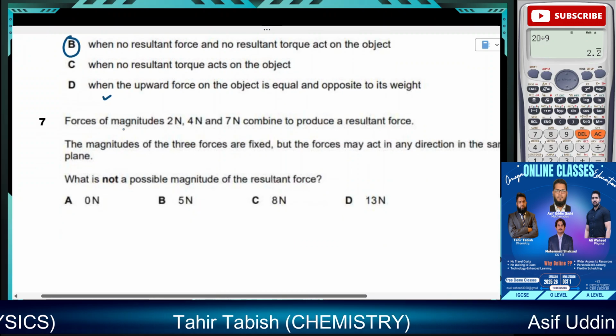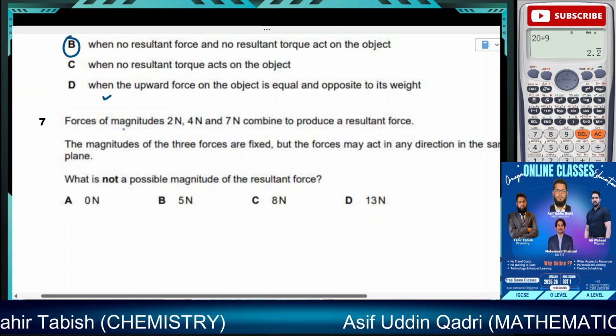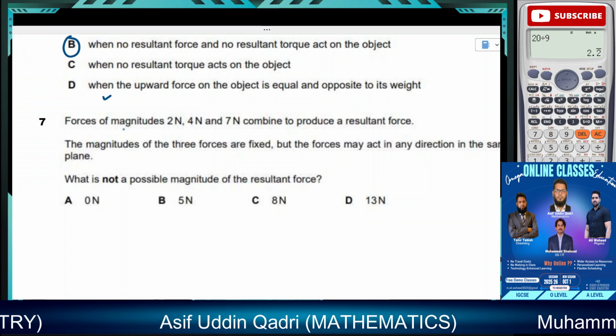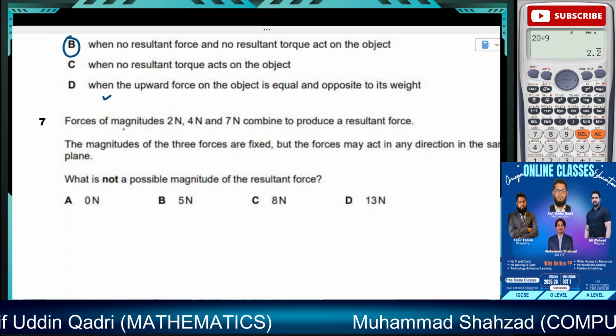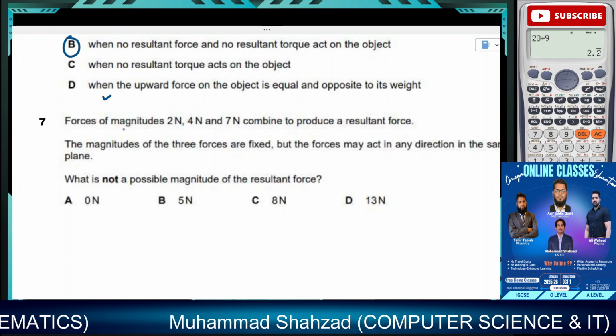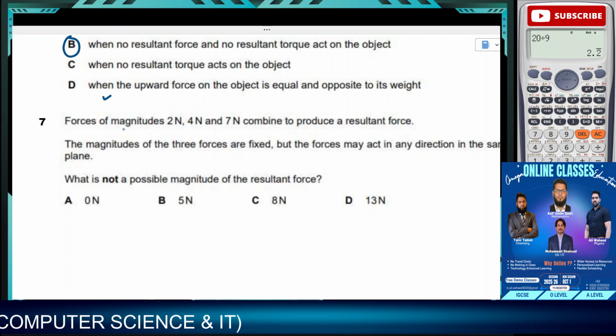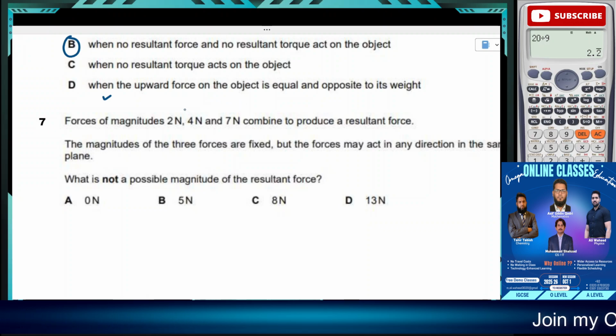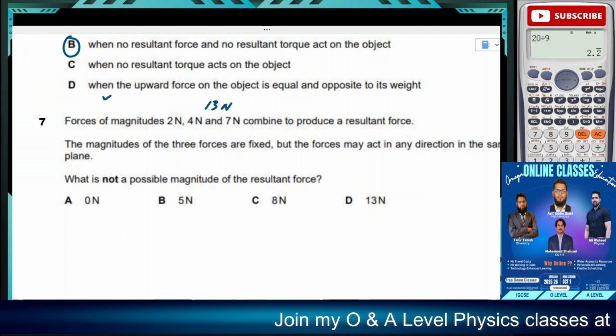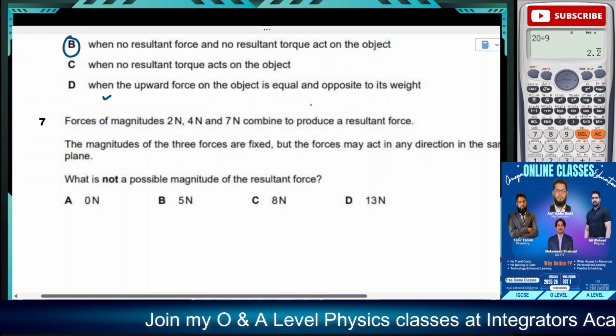So let's talk about the seventh one. What is not a possible magnitude of the resultant force? So you see, let's see what is the minimum answer that we can have from these ones. The maximum, first of all, that we can have from these is 6 plus 7, 13 Newton. 13 Newton is possible.